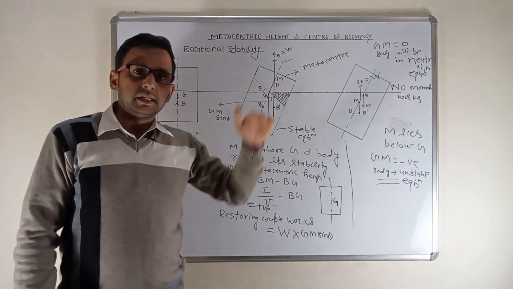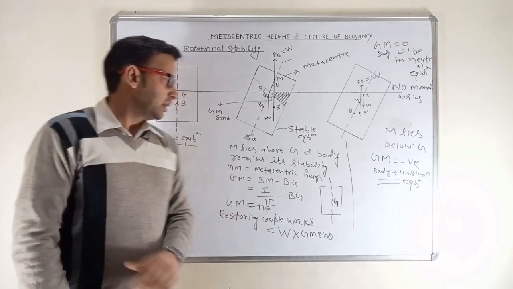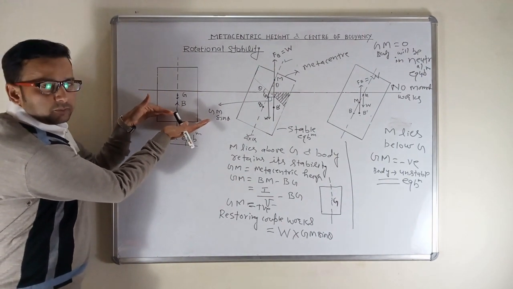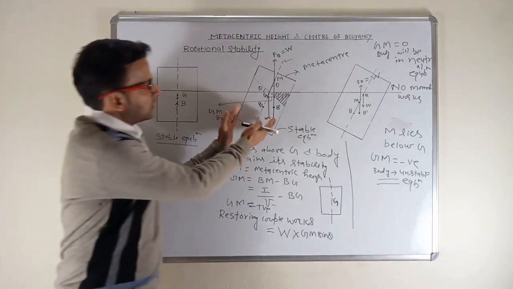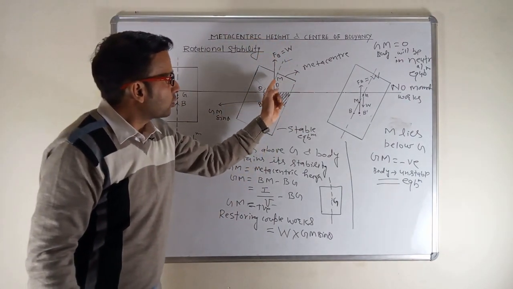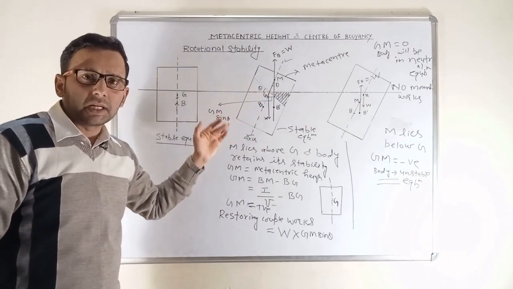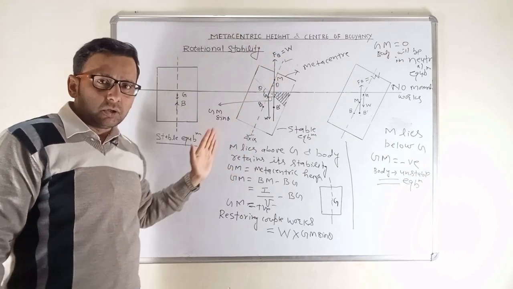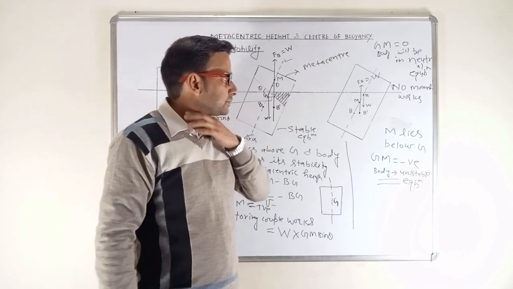I can vary G anywhere on its centroidal axis. But how? If I put some weight on the downmost portion of the body, G will be shifted downward. If I put some weight on the upper portion of the body, G will be shifted upward. So the position of the center of gravity of the body can be varied above and below on its centroidal axis. There is no problem.